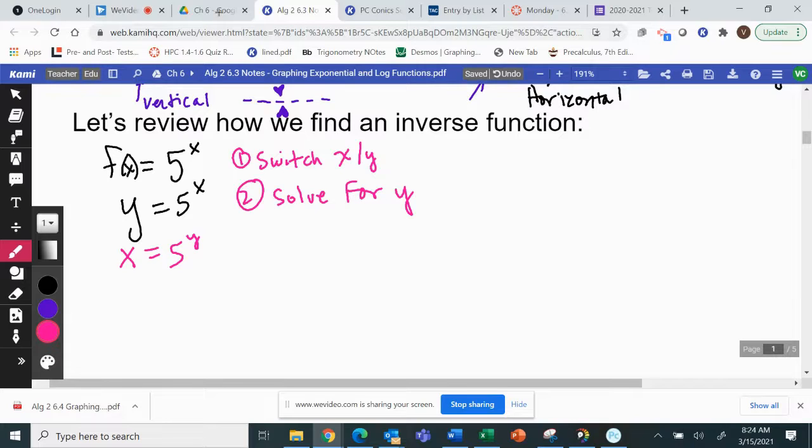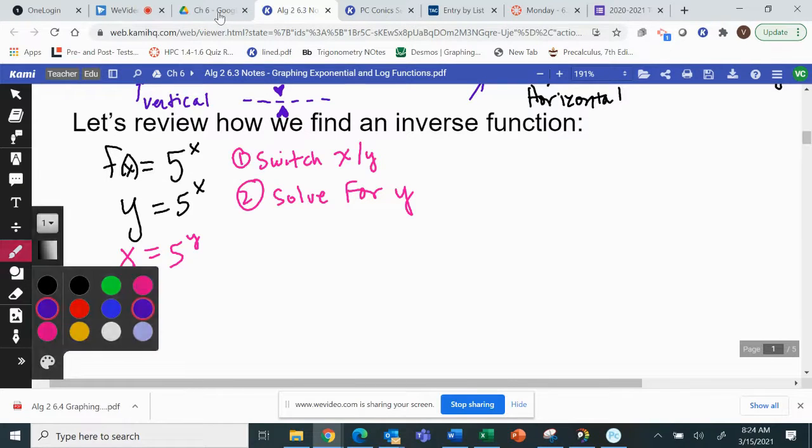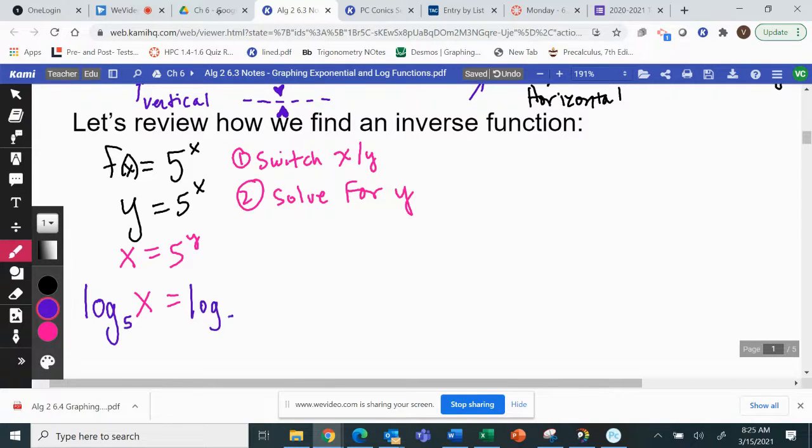So I'm looking at x equals 5 to the y, and the y is in the exponent. Ashlyn, can you tell me how I get rid of this 5 so that it'll just be y? I'm going to log both sides. Log what base, Ashlyn? Base 5 of x equals log base 5 of 5 to the y.